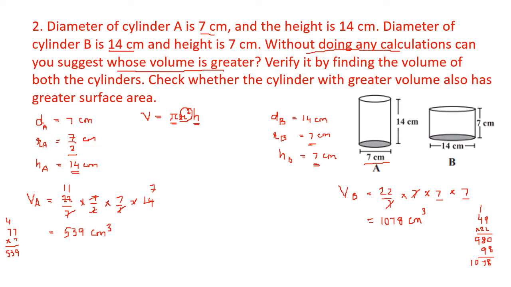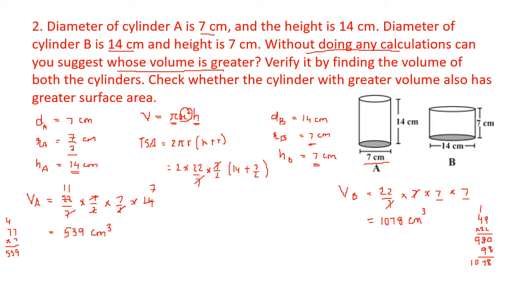So we have TSA of A will be 2 pi R bracket H plus R, that is 2 into 22 by 7 into 7 upon 2 plus 14 plus 7 upon 2.